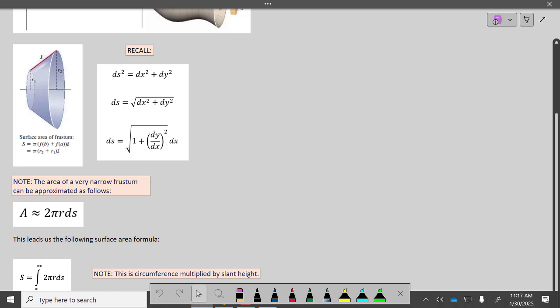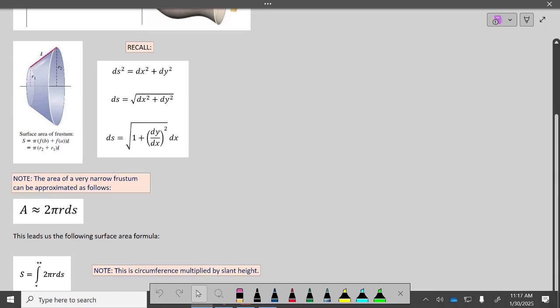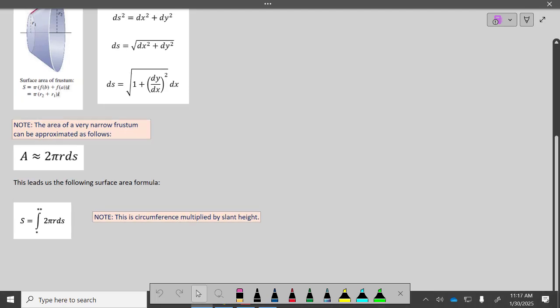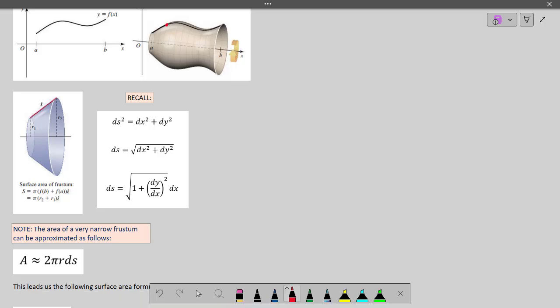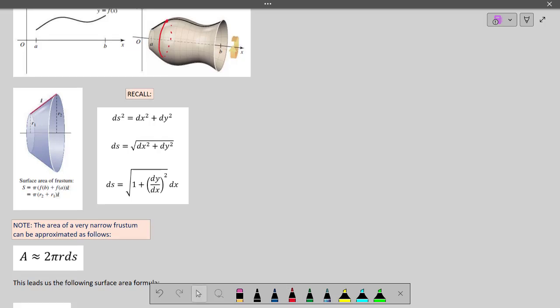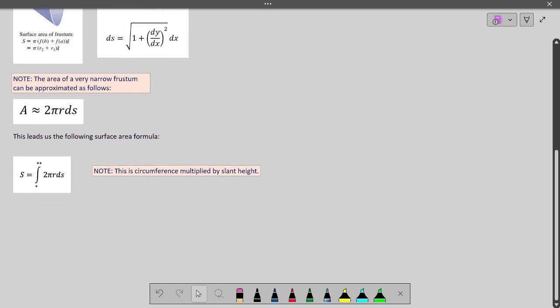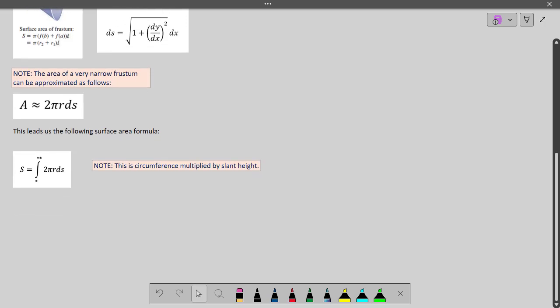We are going to end up with this idea. So here's how I want you to think about it. If we have our surface here, I imagine a point element here, so just a point, and when that point rotates around, it creates a circumference. And the length of a circumference is 2 pi r. Okay? So the way I want you to think about this, let's just look at this integral for a minute. 2 pi r is a circumference right there.